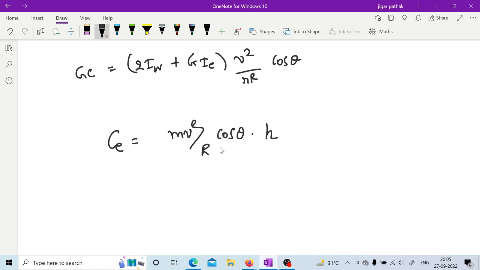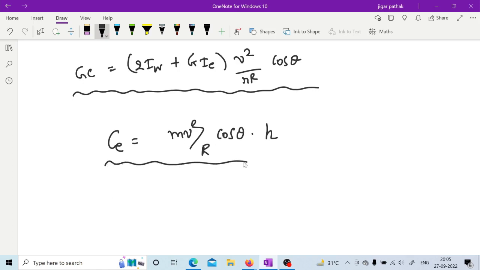Now both this gyroscopic couple as well as this centrifugal couple are going to try to overturn or skid the vehicle. So when both of these, GC plus CC, try to skid or overturn the vehicle, you will have a restoring couple.